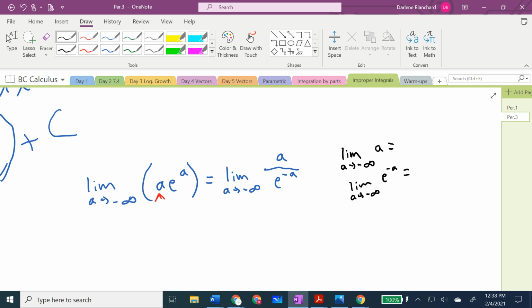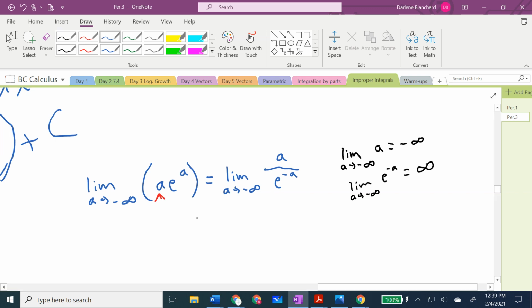They will not give you credit if you do not write this out, no matter how obvious it is. Now, e to the negative a as a goes to negative infinity is super infinity. But what's super infinity to infinity? What you want to see is L'Hopital's rule is ready to go if the numerator limit and denominator limit are either both 0 or both infinity.